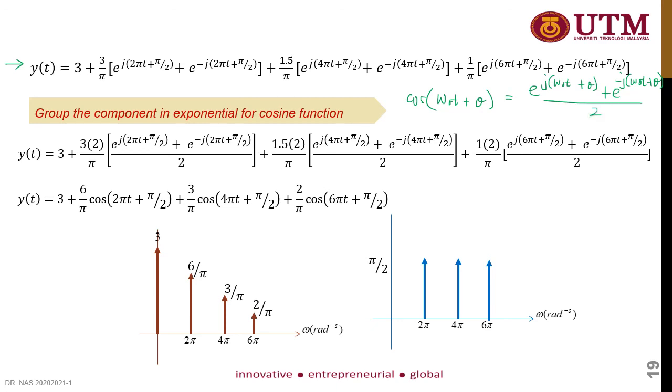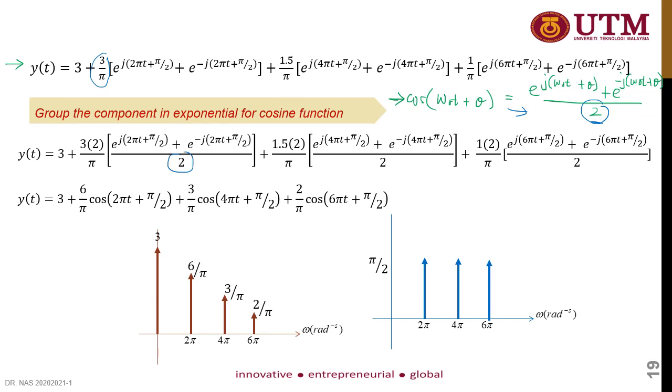So you can group your exponential equation based on this general equation. You already have 3 over pi, so to make it into this you need to divide by 2.